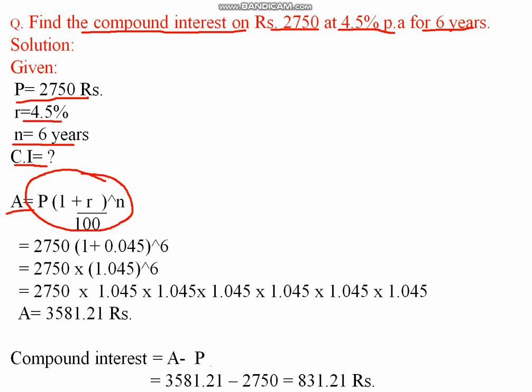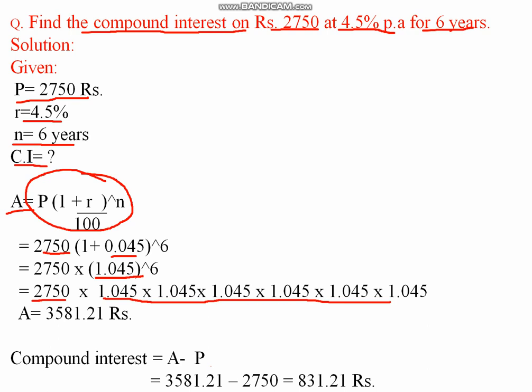So put the values: 2750 in bracket 1 plus R is 4.5 divided by 100, that is 0.045, raised to 6. First solve the bracket. 1 plus 0.045 is equal to 1.045 raised to 6. This raised to 6 means multiply 1.045 six times, and then multiply this term by 2750 using a simple calculator.